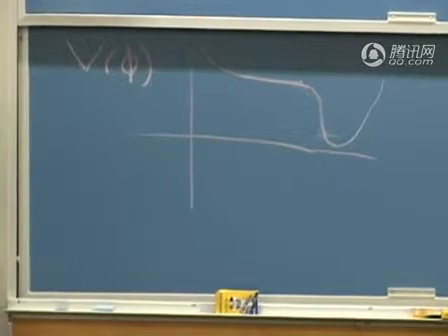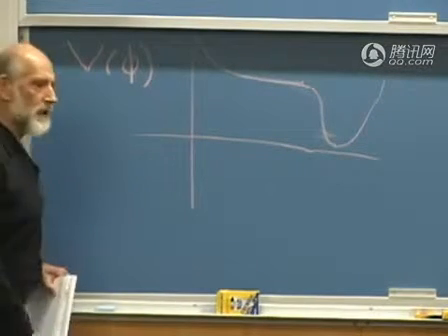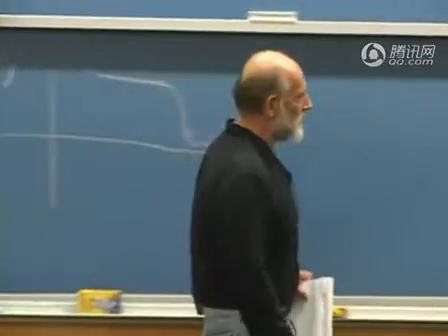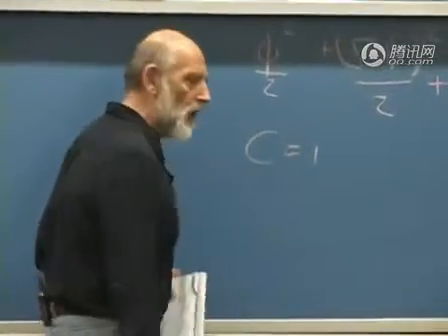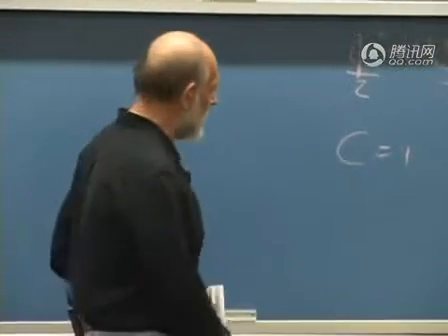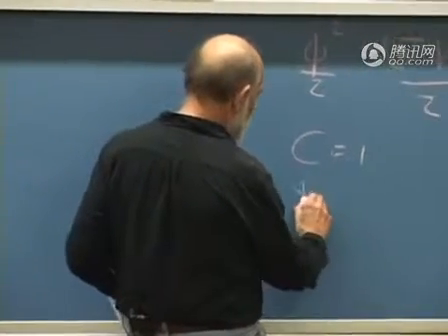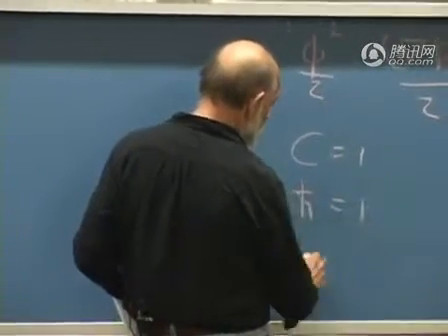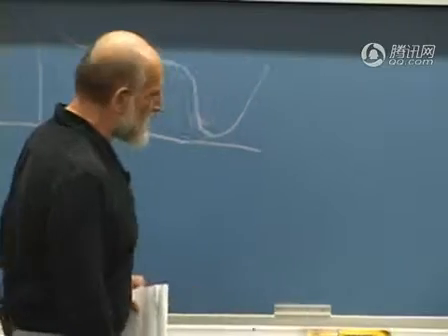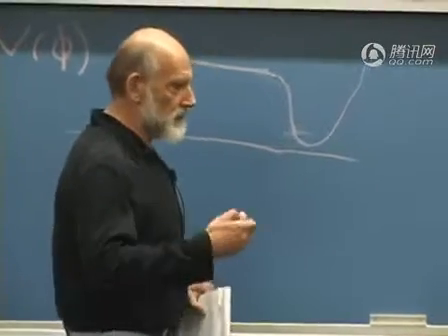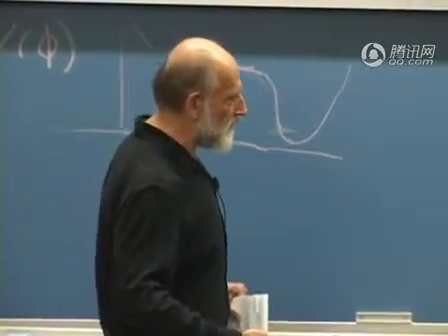And in Planck units, in natural units, what are Planck units? Planck units are units in which c is equal to 1. That's not hard to think about. Planck's constant is equal to 1, and Newton's constant is equal to 1. Those are called Planck units. The natural unit of length is the Planck length, which is 10 to the minus 33 centimeters.